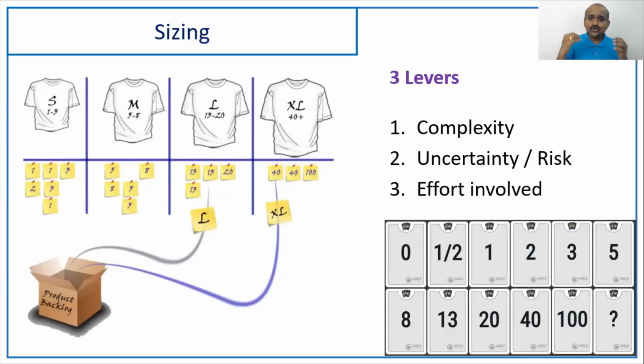And you can either go with a planning poker based Fibonacci series, which is 0, half, 1, 2, 3, 5, 8, 13, and later the modified series, or you can simply say small, medium, large, and extra large, right? So this is a separate topic in itself, but I'm summarizing it. You can refer to one of my videos where I have explained the details about it.